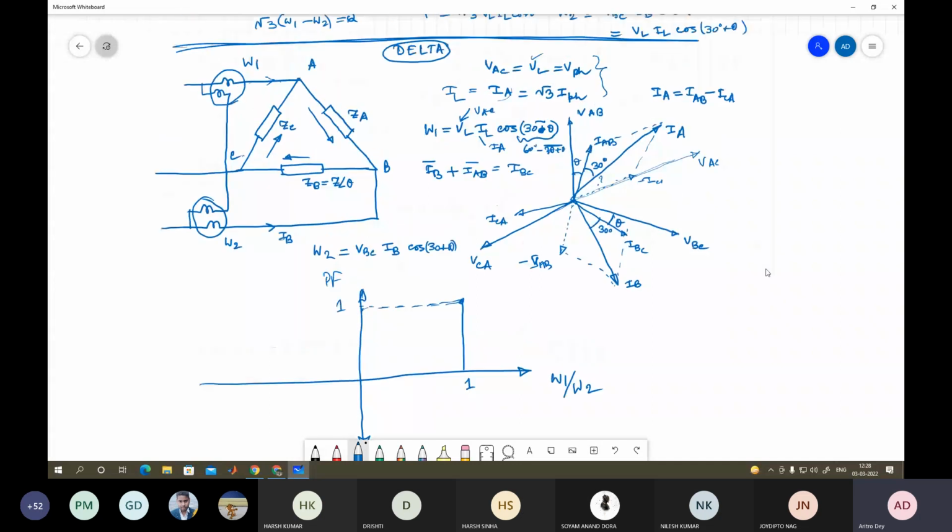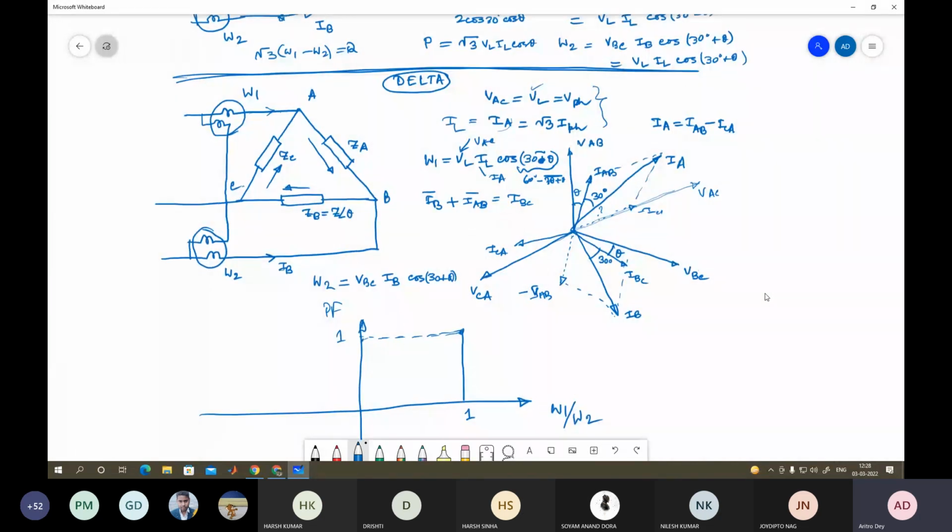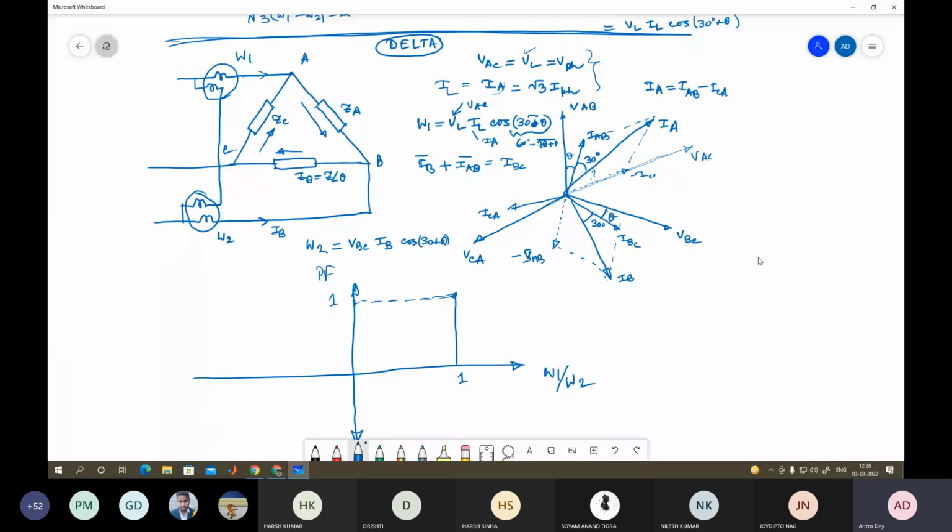When W1 is equal to minus W2, because what is PF? We have active power consumption VL cos phi equal to W1 plus W2, and root 3 VL sin phi equal to root 3 into W1 minus W2. So tan phi is equal to root 3 into W1 minus W2 by W1 plus W2.